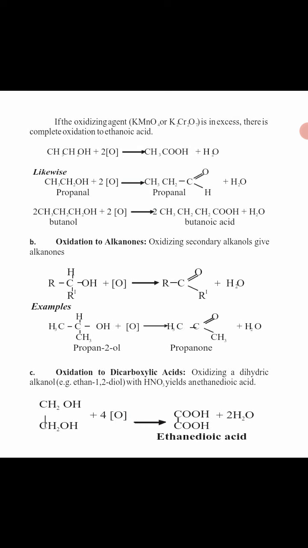When you react a dihydric alkanol with an oxidizing agent, you have a dicarboxylic acid. Look at that, we have ethane-1,2-diol reacting with HNO3 to give us ethanedioic acid. That is a dicarboxylic acid, ethanedioic acid.